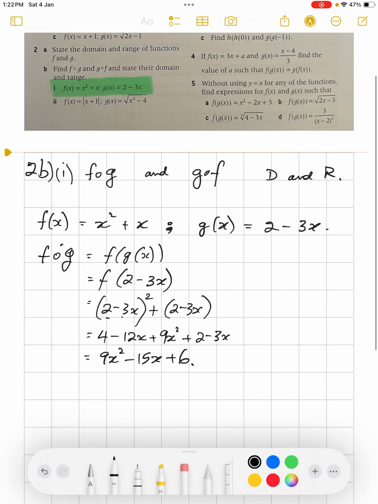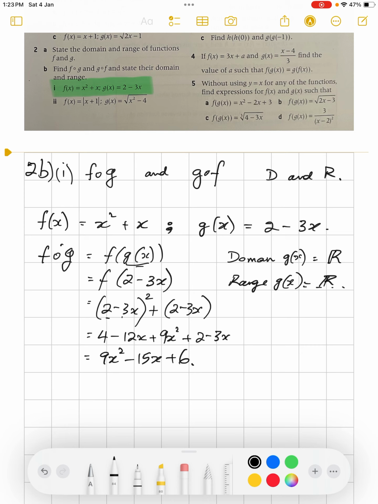Now let's have a look at the domain of g of x, because our domain of g of x is all real numbers. And therefore we're going to be using the range of our g of x, which is also, because it's analytical, all real numbers.